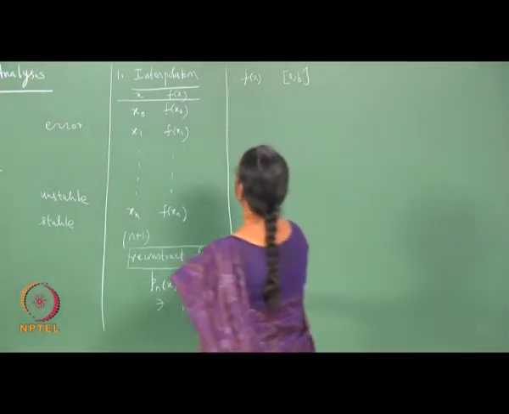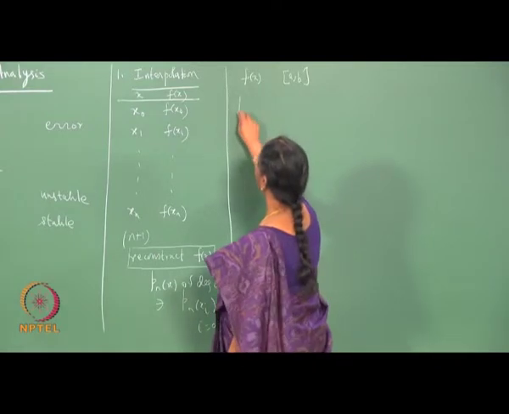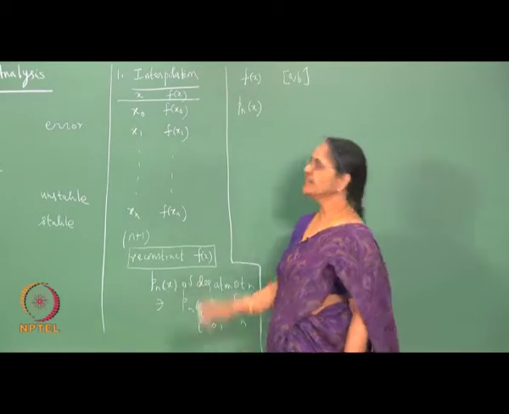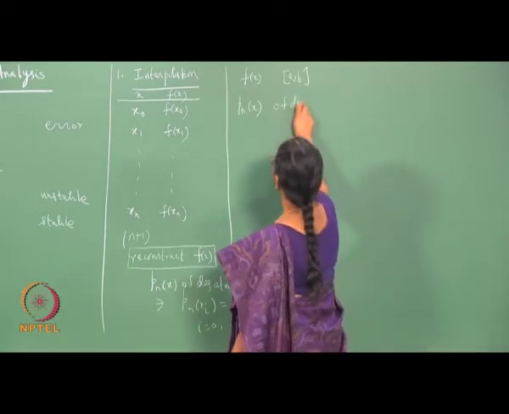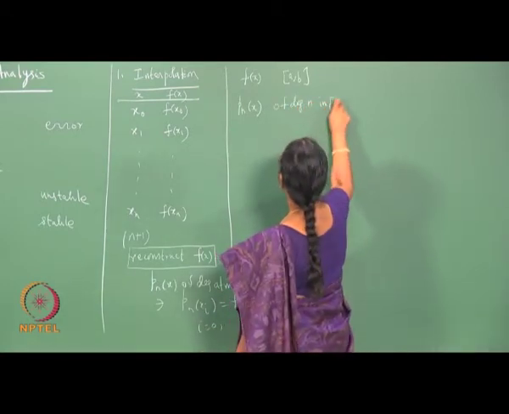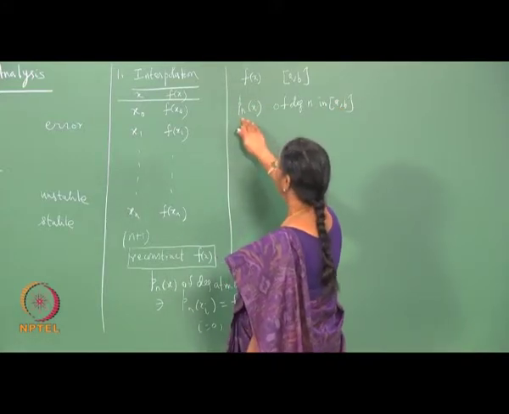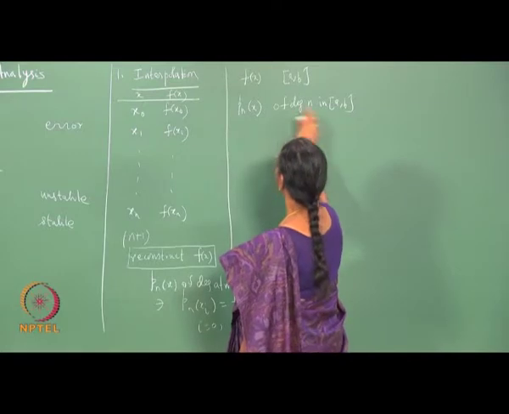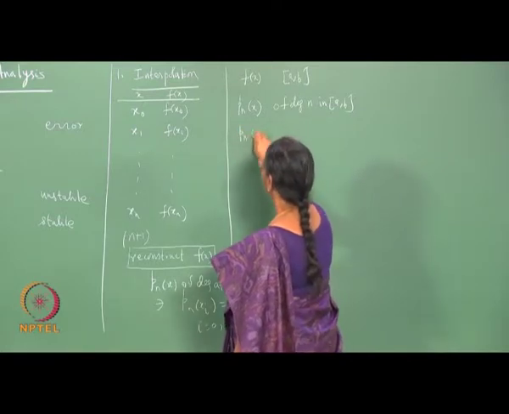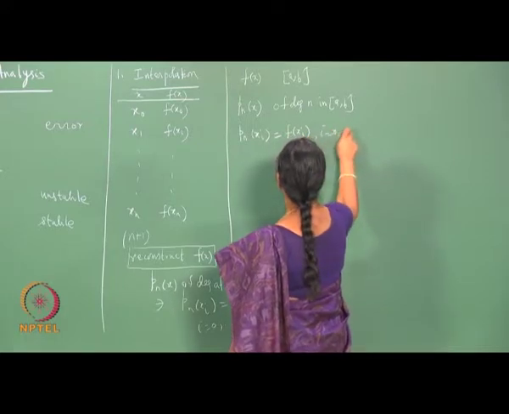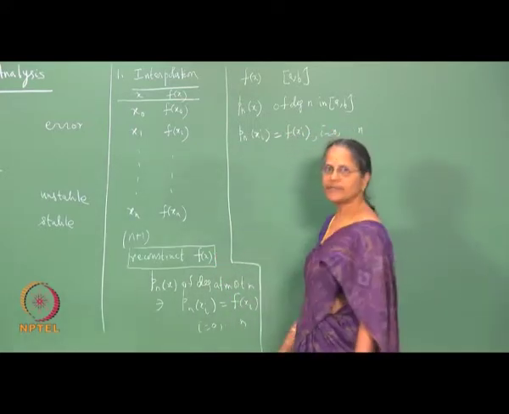I am interested in approximating this function f of x by means of a polynomial p_n of x, say of degree n, in this interval [a, b]. Then I would seek the polynomial p_n of x of degree n such that p_n takes the value f of x_i for i equal to 0, 1, 2, 3 up to n.